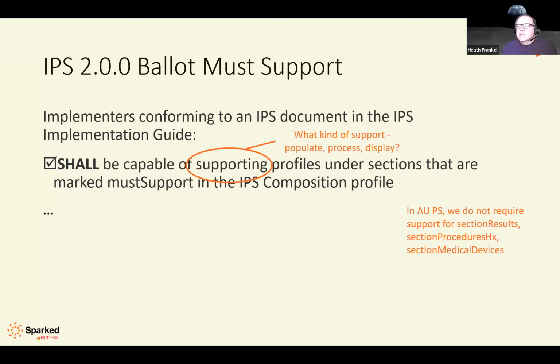In AUPS, we do not require support for sections such as results and procedures and medication devices. We've agreed in Australia, we're not going to require support for that yet. So does that mean that we're non-compliant with IPS if we have an AUPS that doesn't support those particular sections?